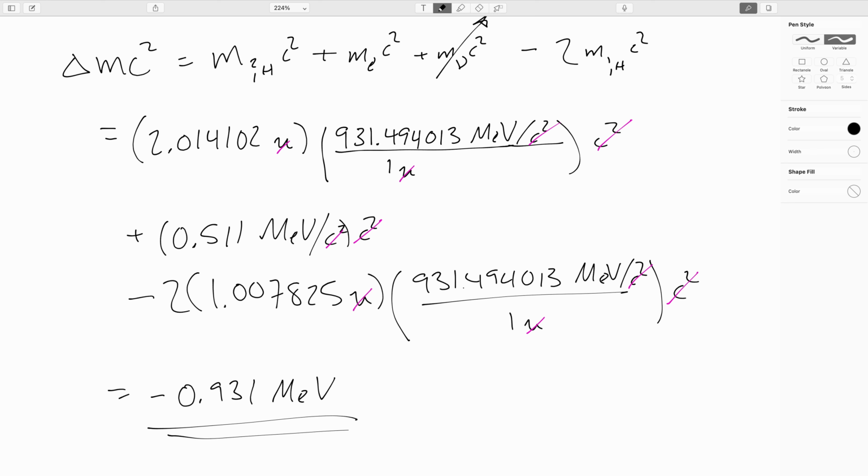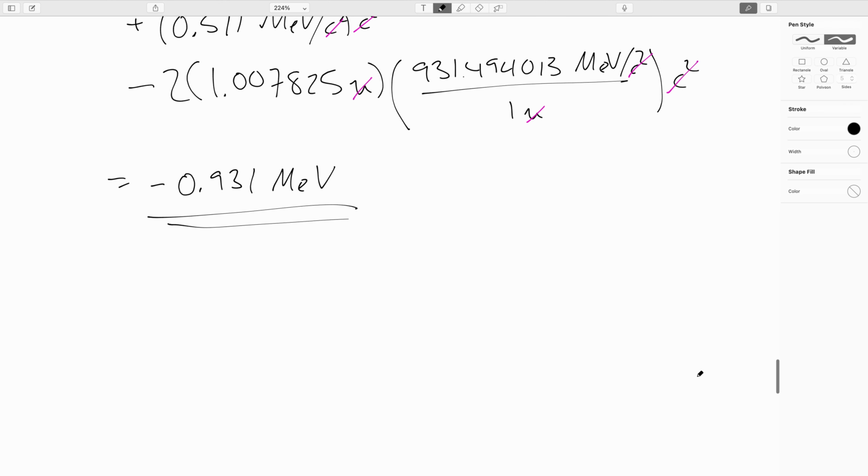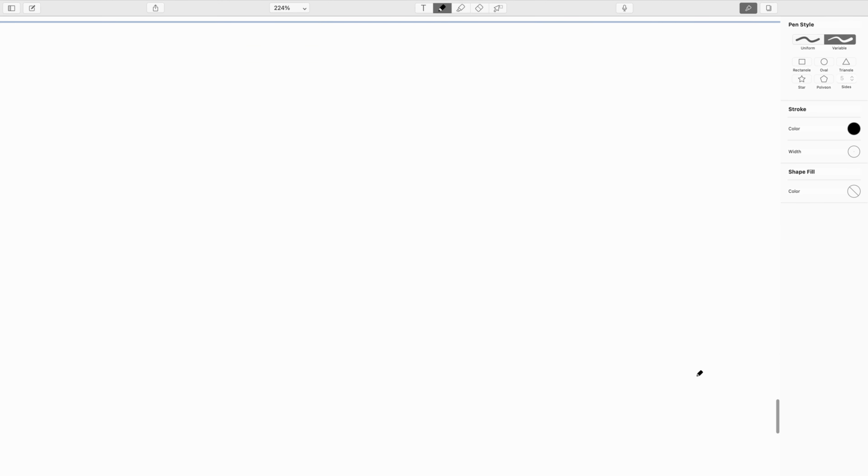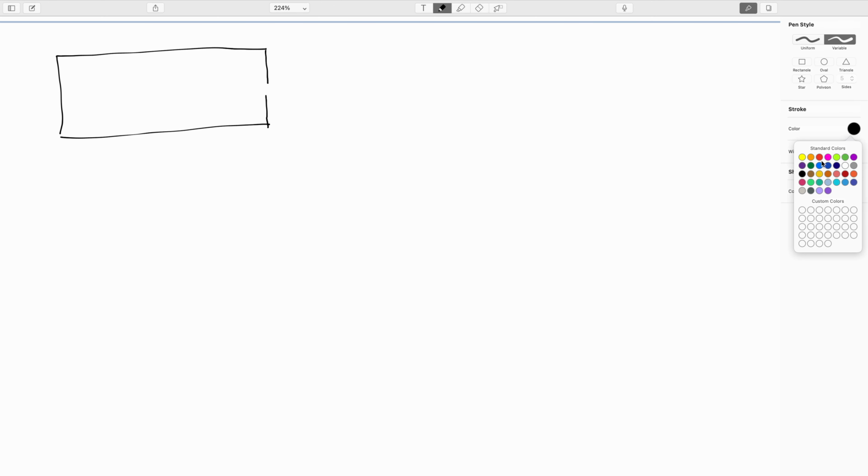So with this, I think it's time to go full circle and revisit that same electron gun problem we did all the way back at the beginning when we started relativity. So here's our electron gun. And again, we will have the filament that's boiling, that's causing electrons to come off.